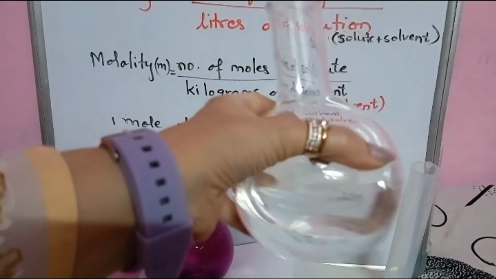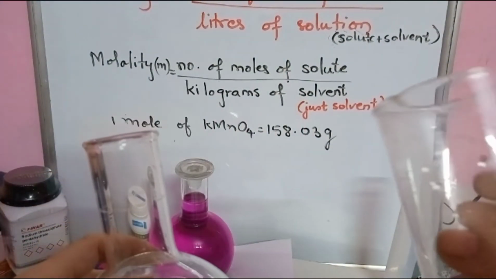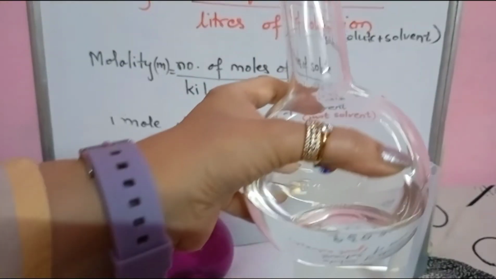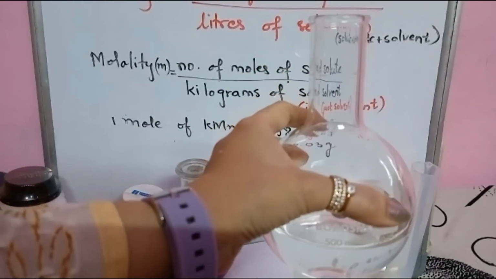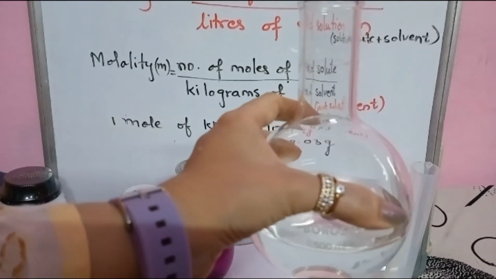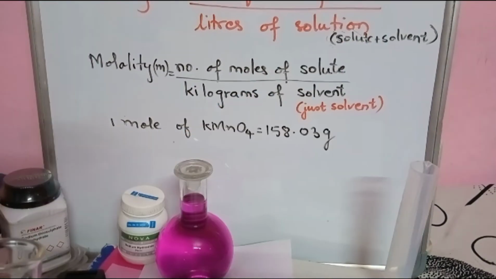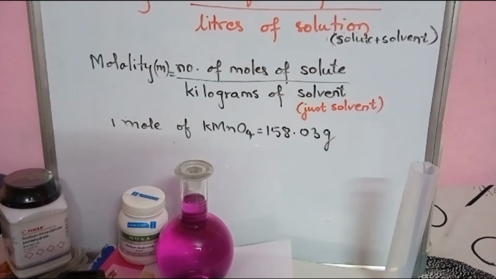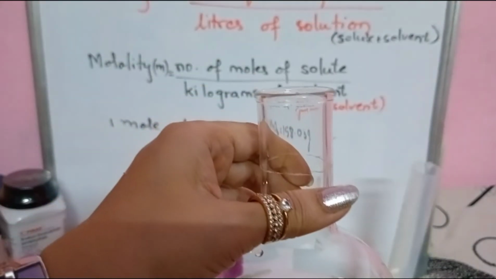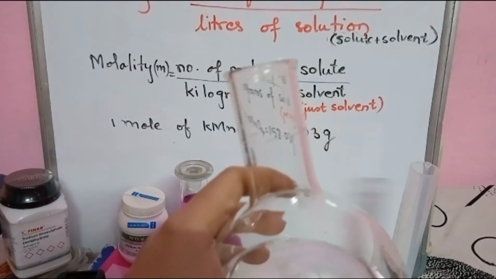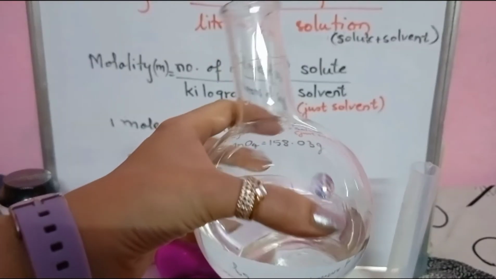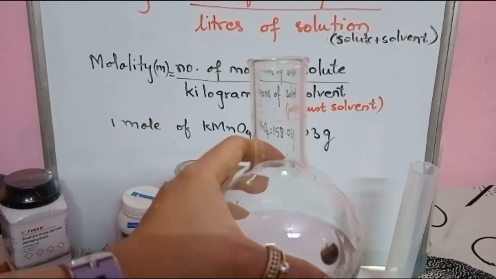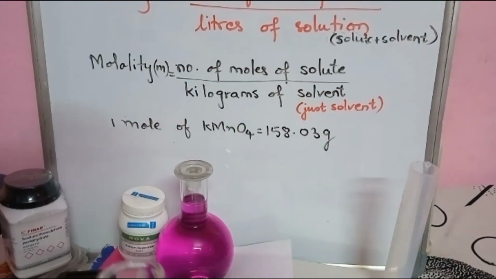Either I can take it in a flask or in a beaker. Anything can be used to measure 1000 grams of water. Instead of putting the potassium permanganate directly into the flask, I'll weigh 1 kilogram of water and then dump the potassium permanganate into it.